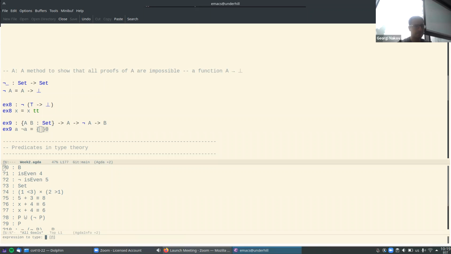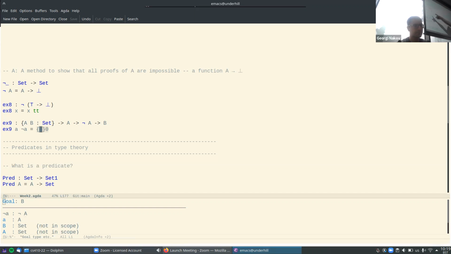Actually, that's also a good typographical convention. You can see that this thing with no space between the not and the A is nothing special. It's just an identifier, but it's a suggestive one. So is that not the function? Yes.